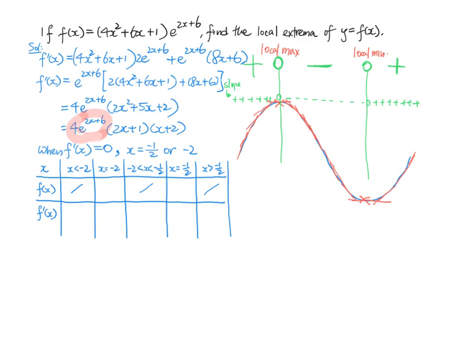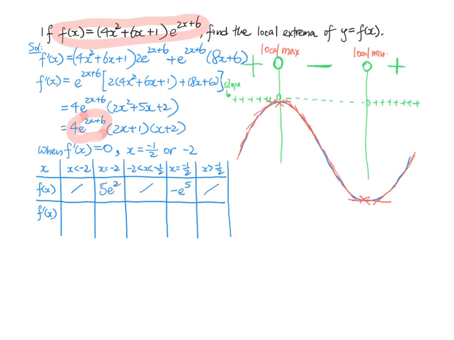When x equals to -2, where exactly is the curve? Where exactly is the function? We will refer back to the original function, and we substitute when x equals to -2 and x equals to -1/2 respectively. So here you go.